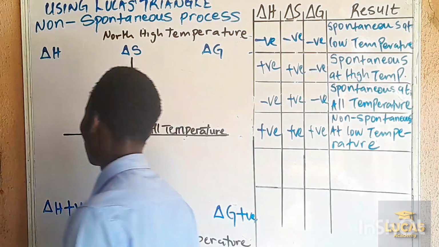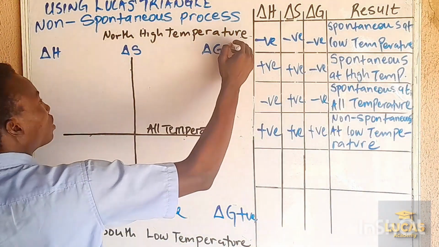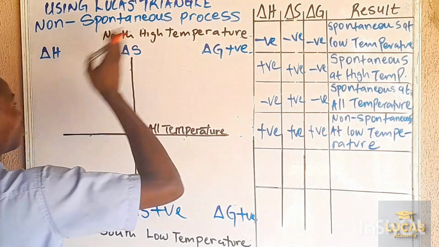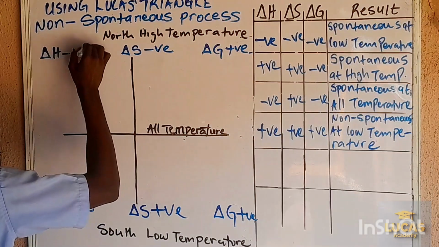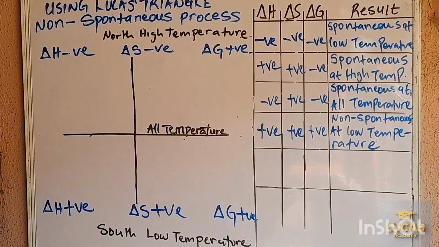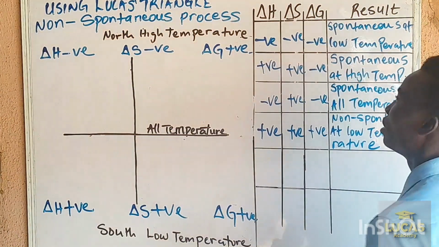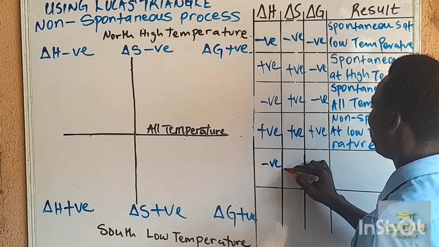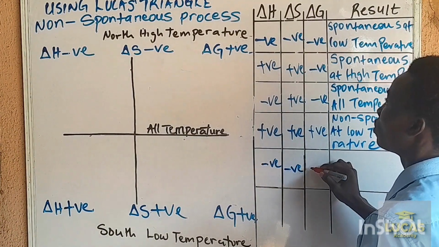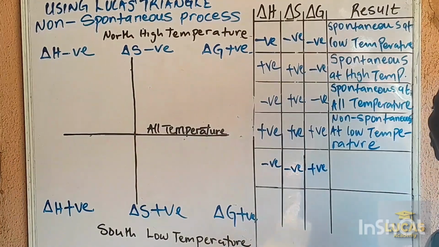That is the outcome. So the next one that you have there, if this is positive, then make this one positive because it is non-spontaneous. Then make this one negative and make this one negative. Okay, that is the logic. Now the next one you are going to have there is when this is negative, negative, then positive. What do you have there?